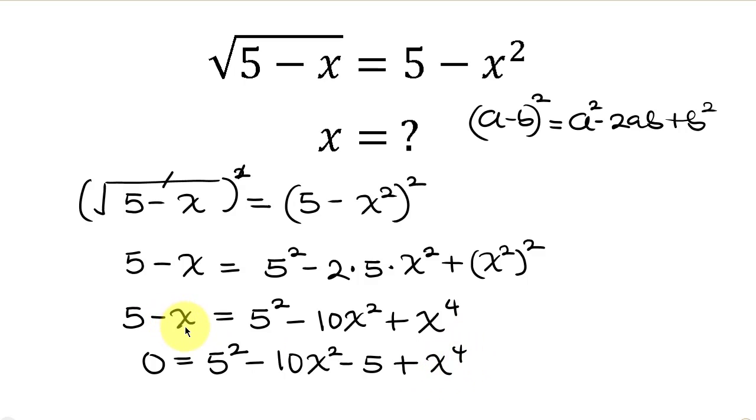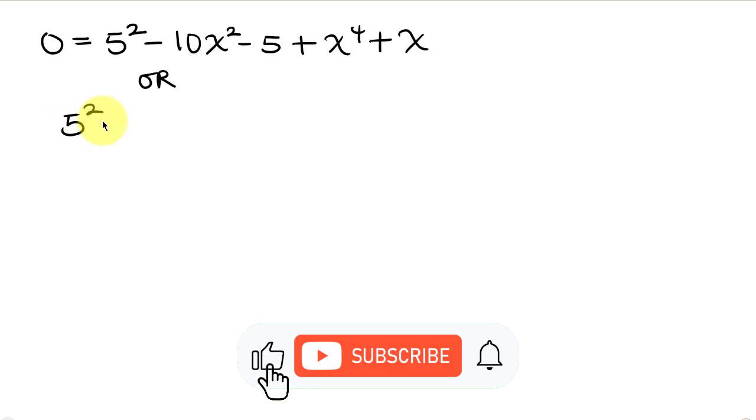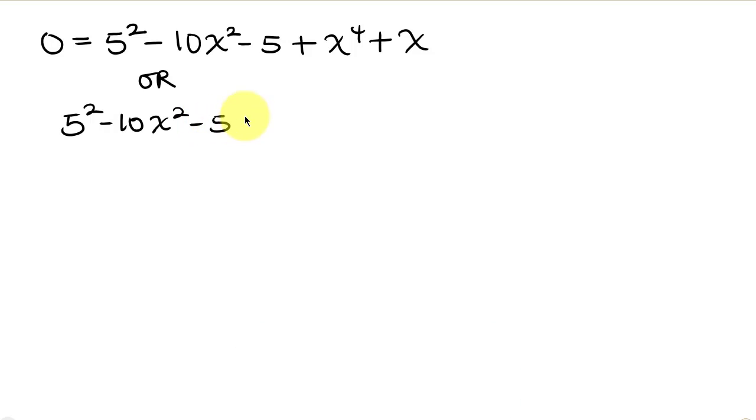When I move negative x to the right, it becomes plus x. Very good. Well, this equation is same as, I'll be writing this on the left hand side. So we have 5 squared minus 10x squared minus 5 plus x to the 4th plus x. This is equal to, and I'll be writing this on the right, 0.